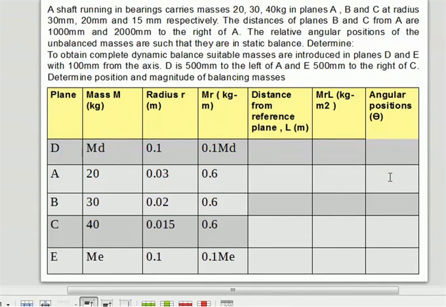So we'll write inclination of mass A, we'll assume it as 0. Inclination of B, you will get as 120 degree, and inclination of C as 240 degree. This is using the static force polygon.